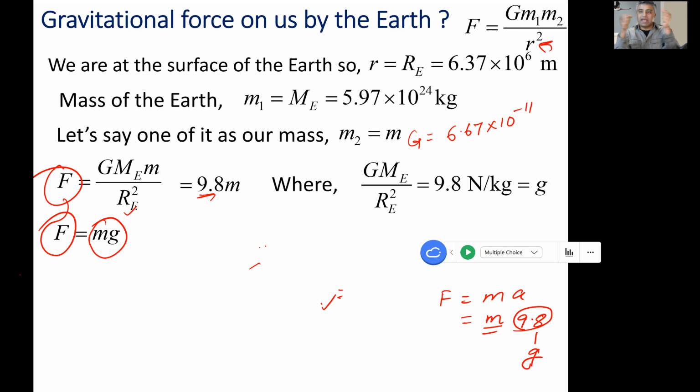That's action and reaction. Earth is pulling the Moon, Moon is pulling the Earth. But Earth has a really large mass, so the acceleration of the Earth is negligible. The Moon has a way smaller mass compared to the Earth, so that's why the Moon is accelerating around the Earth.